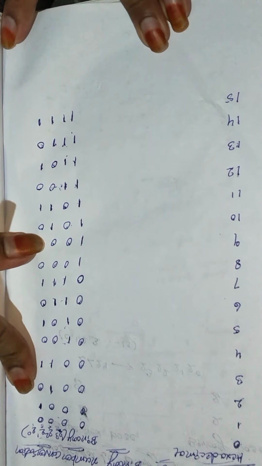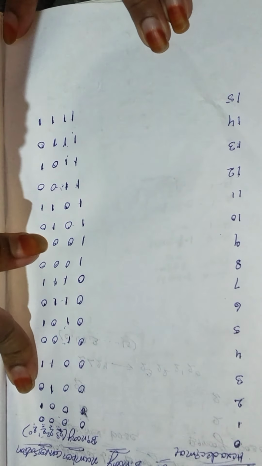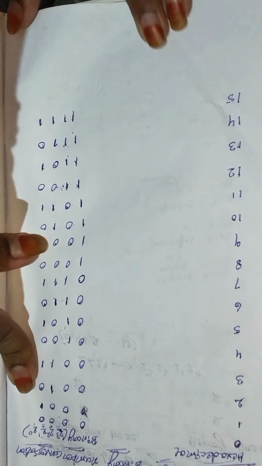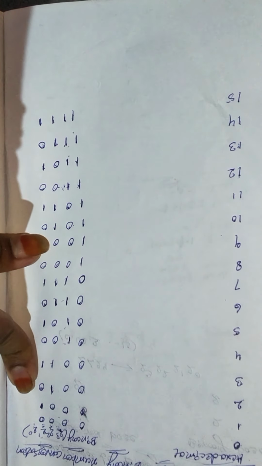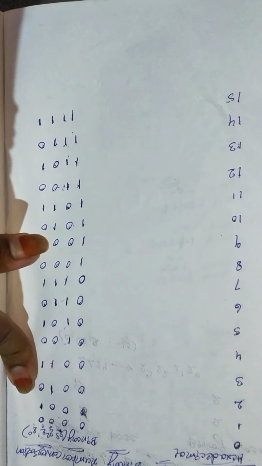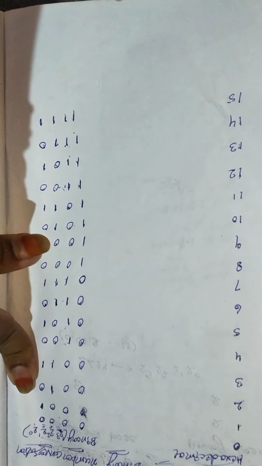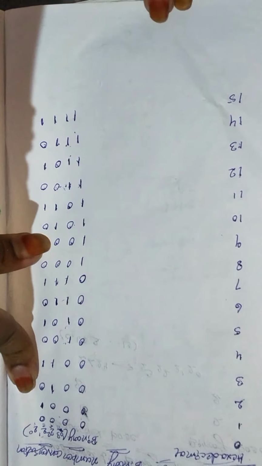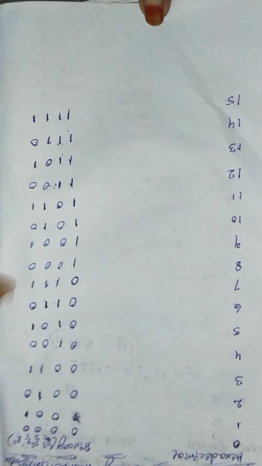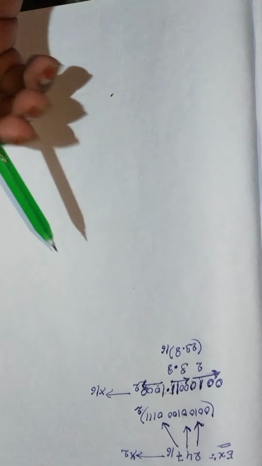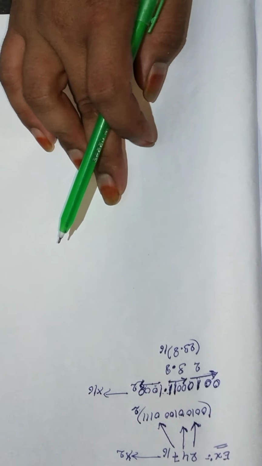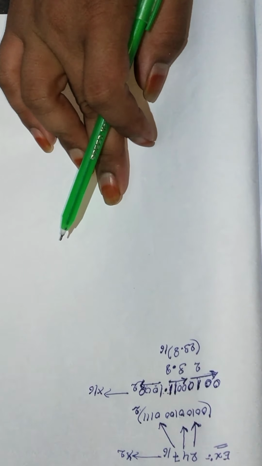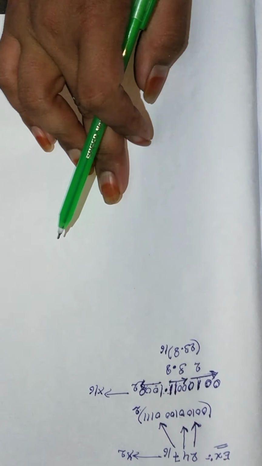Here is the table to convert hexadecimal into binary. In this hexadecimal table we will take values 0 to 15 and the binary consists of 4 powers, 2 power 0, 2 power 1, 2 square, 2 cube. The values will become like this. These are the examples of converting hexadecimal into binary and binary into hexadecimal.